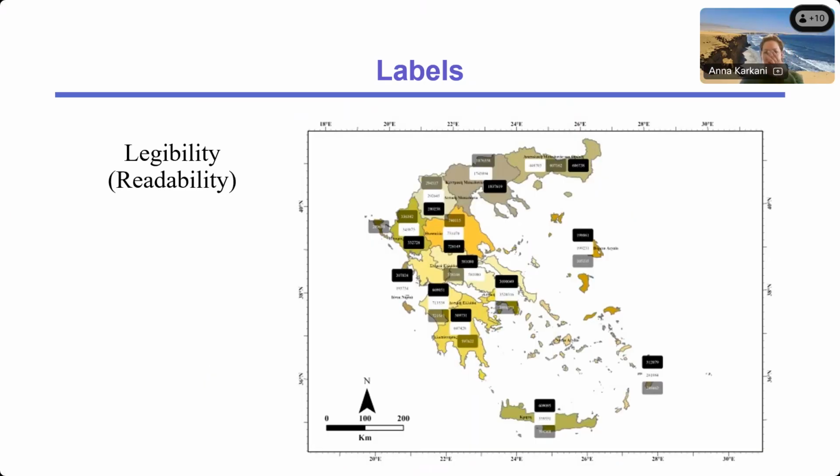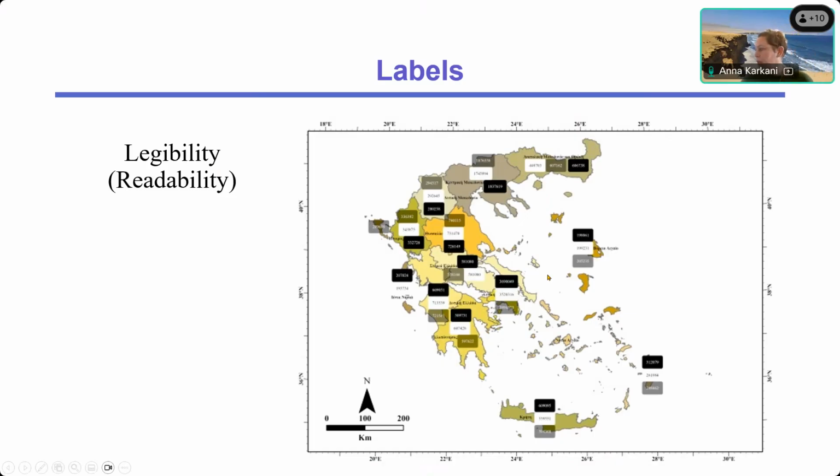Okay, so when we're talking about labels, let's see some poor examples here. There are some properties that we keep in mind for labels in order to be ultimately readable and appropriate. One thing that we look at is what we call legibility or readability. We've talked about this term before.